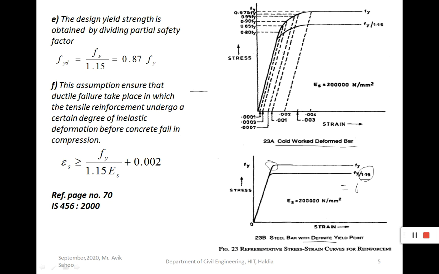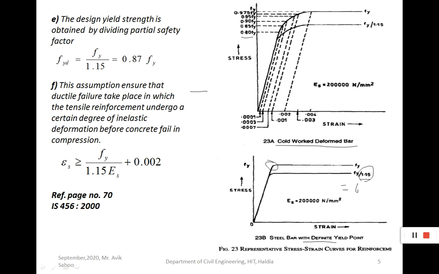So this is the stress strain diagram of a cold deformed bar. It is linear up to 0.8 Fy. After that it is non-linear, a parabola, and when it reaches the yield stress, after that the stress is not increasing, stress is constant, but strain is increasing.